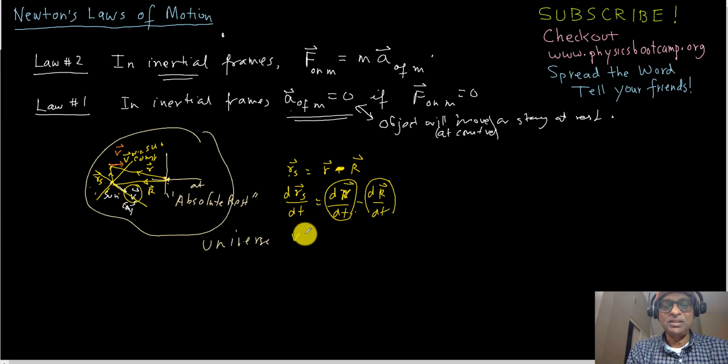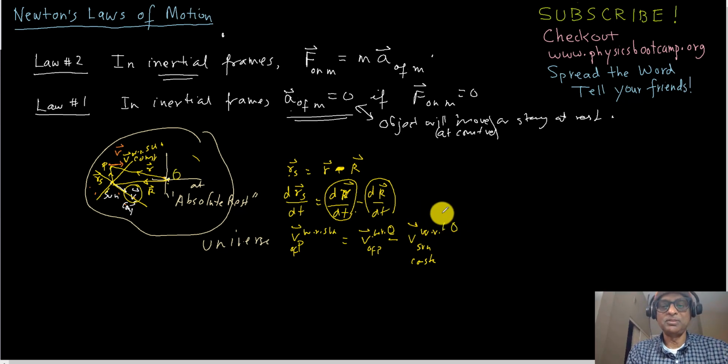So v with respect to the sun equals v of this particle p, and v of p with respect to this at rest, minus v of the sun, which we are assuming to be constant, and these are with respect to the center of this, let's call it O, with respect to O. So this is constant, this is constant, therefore that is constant.